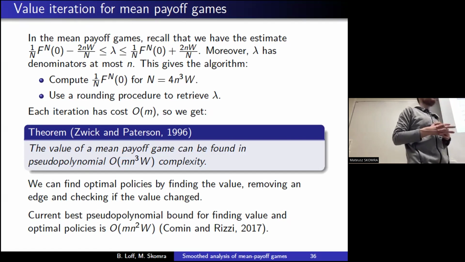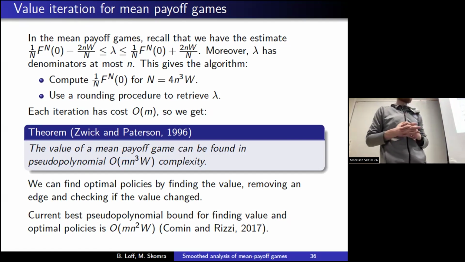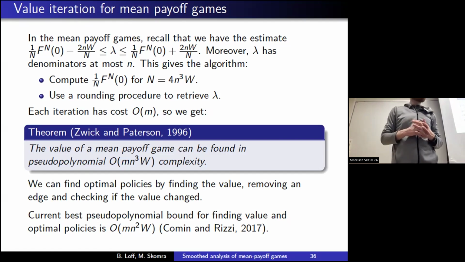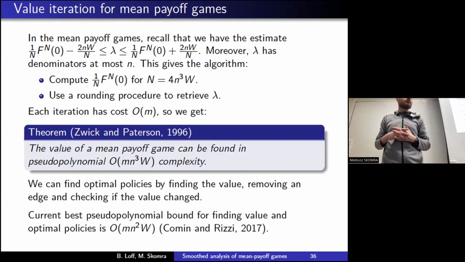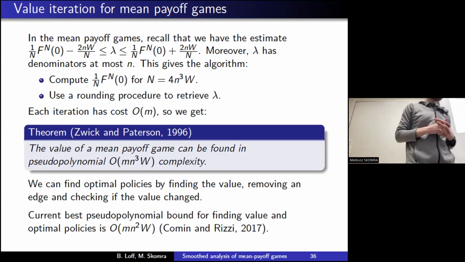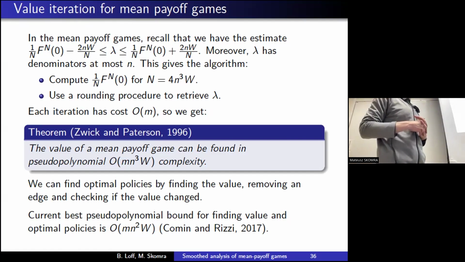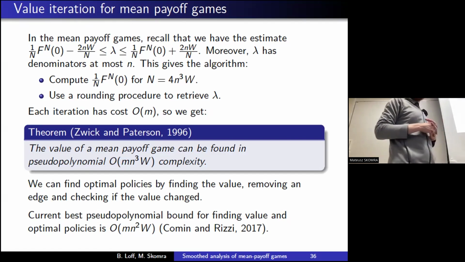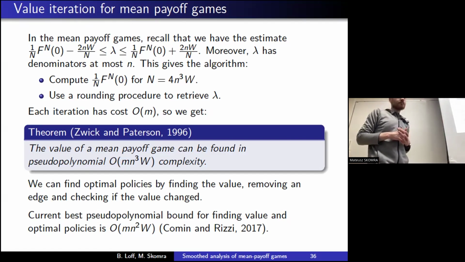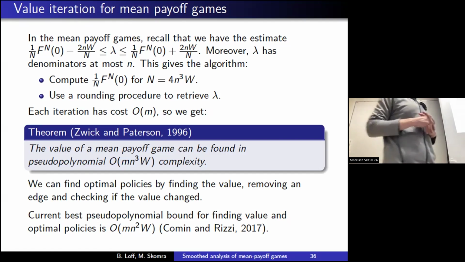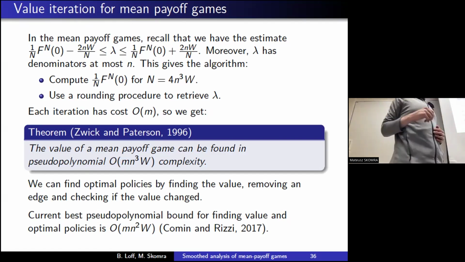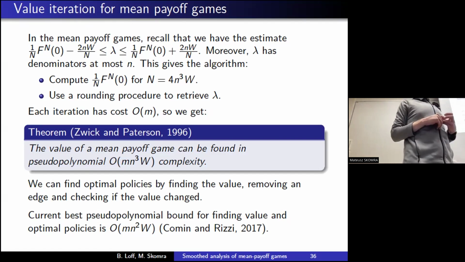So if you could do repeated squaring, you would do it in n squared log n. If you take the adjacency matrix of a graph and you power it to the n in the tropical ring, it just gives you the matrix of shortest paths between any two vertices.